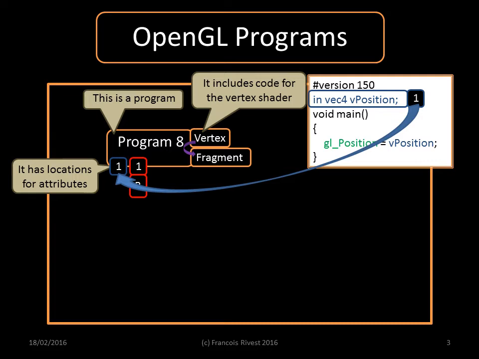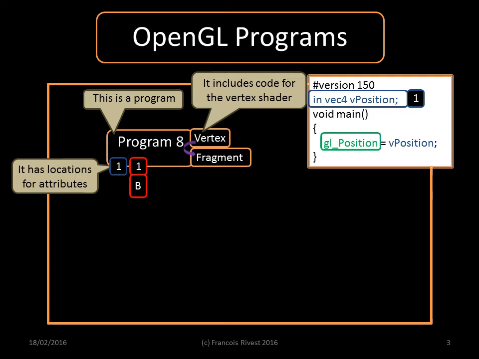Every vertex has attributes. The vertices here only have their location. That's the only information I have for this program. And in the program, that argument has the name vPosition. But in OpenGL, it doesn't. In OpenGL, it has a location number, which in this case could be location number 1.